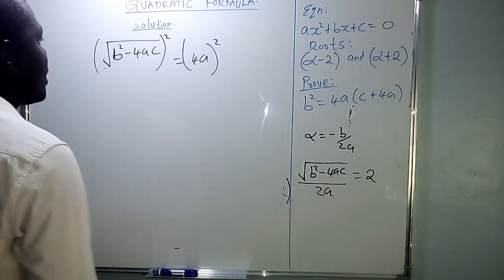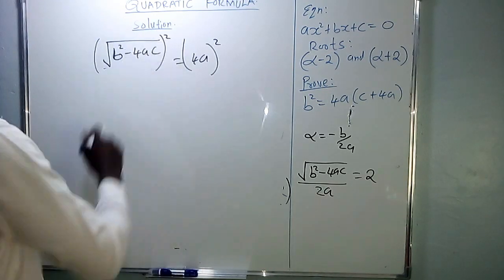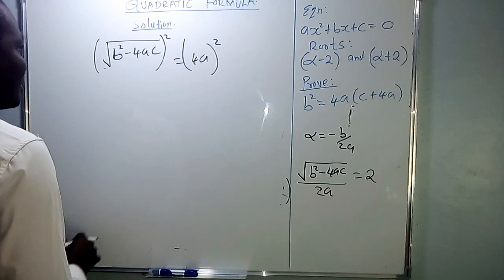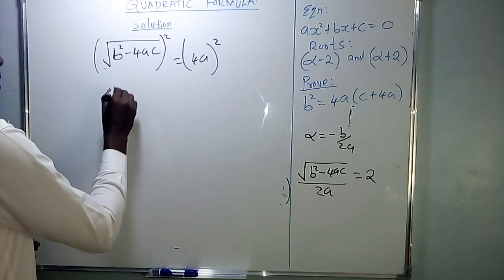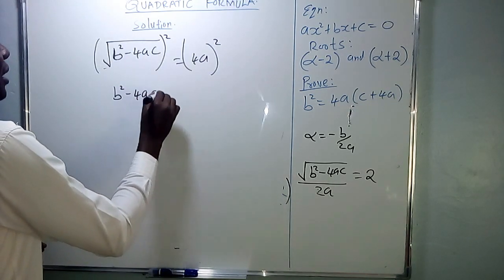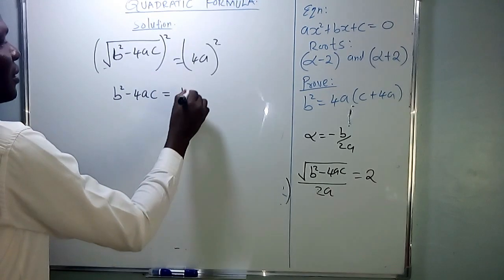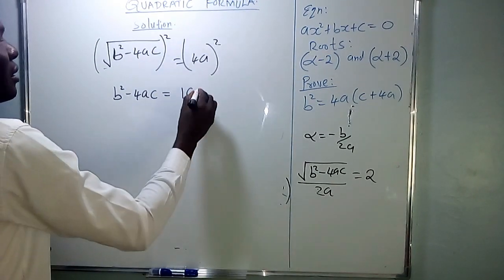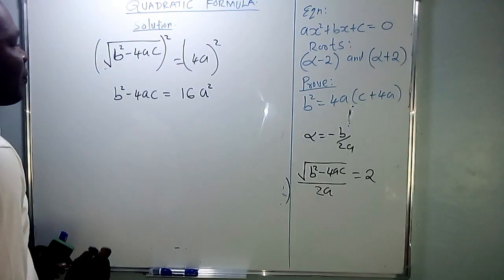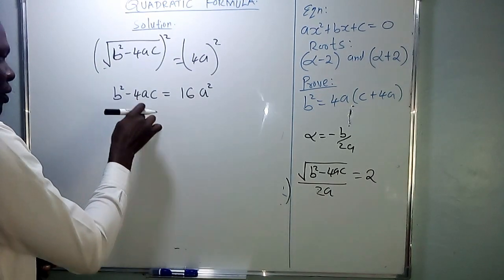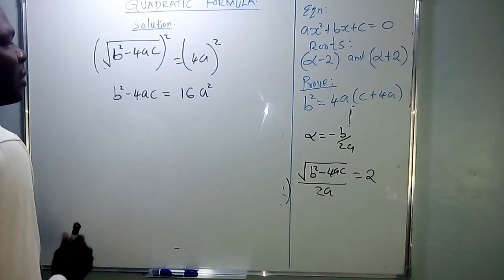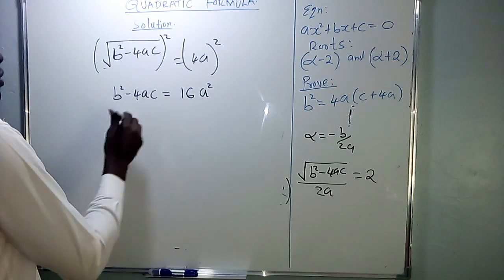The square goes with the square root, and you remain with b squared minus 4ac. Then 4 squared is 16, a squared, isn't it? Then we make b squared the subject of the formula, so negative 4ac goes to the right hand side of the equation.